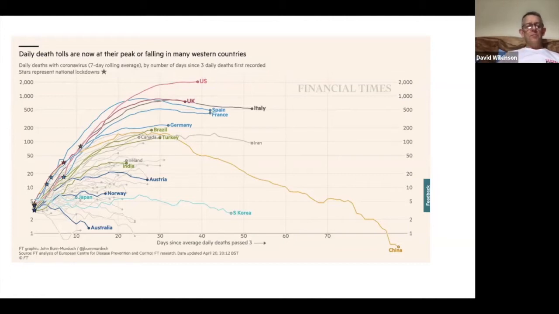There are two problems here. One is deaths in these countries and Italy and Spain and France. Deaths outside of hospital are not being captured and coded correctly. So the real number of deaths from COVID will be much higher than this. And the other problem is that the per day count is not a per day count. It's the number of deaths that hit the reporting system each day.